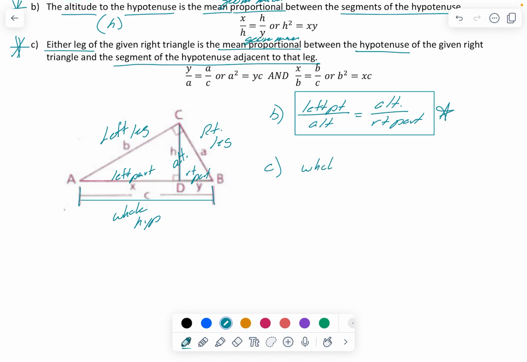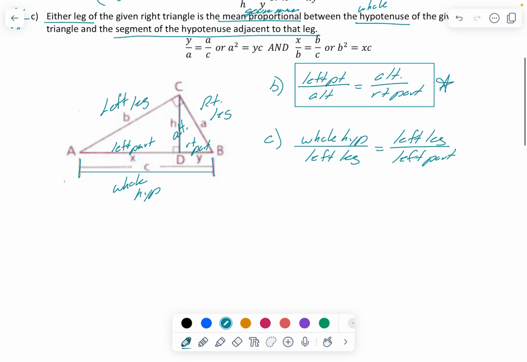What that means is the whole hypotenuse over the left leg is equal to the left leg over the left part. Okay, so either leg is the geometric mean. So the left leg is the geometric mean between the whole hypotenuse and the segment of the hypotenuse adjacent, or next to that leg. In other words, the left part of the hypotenuse.